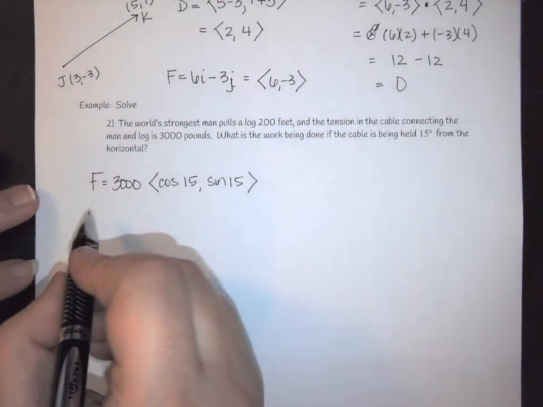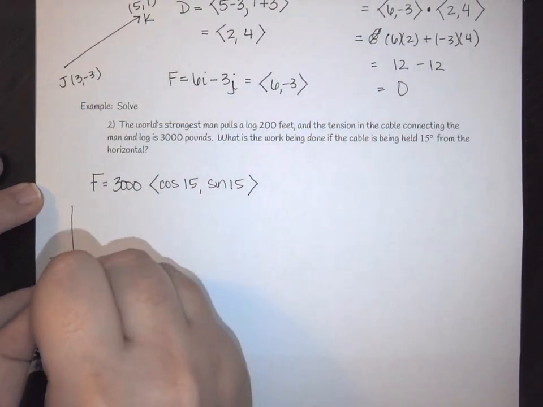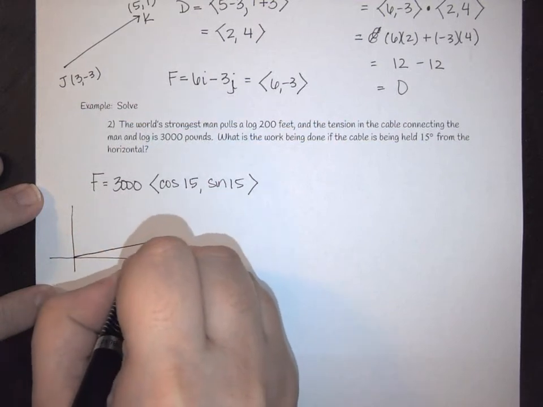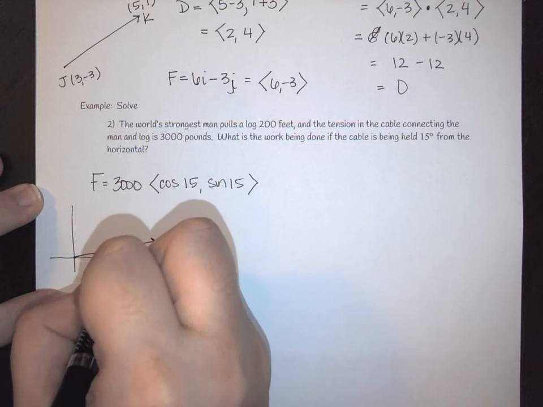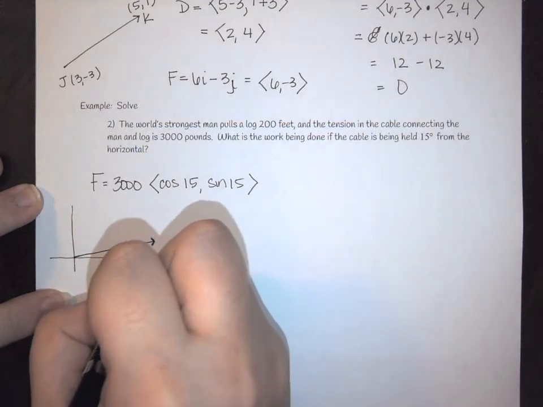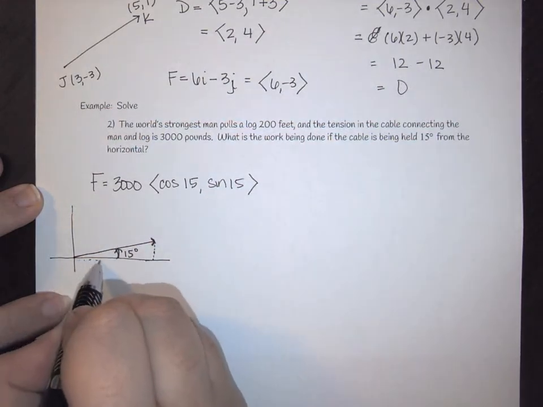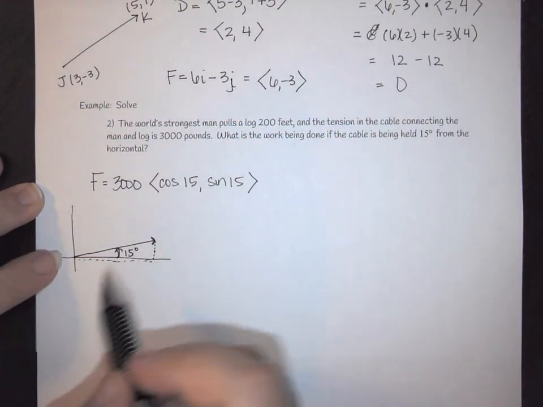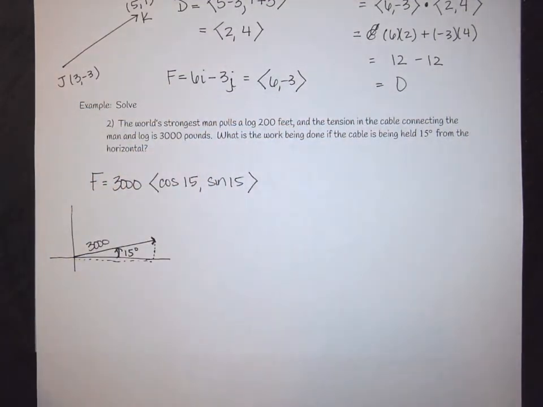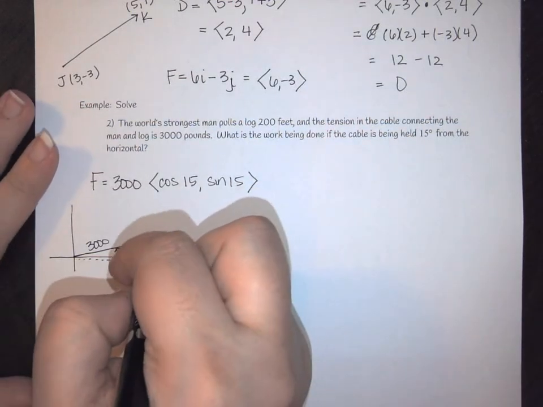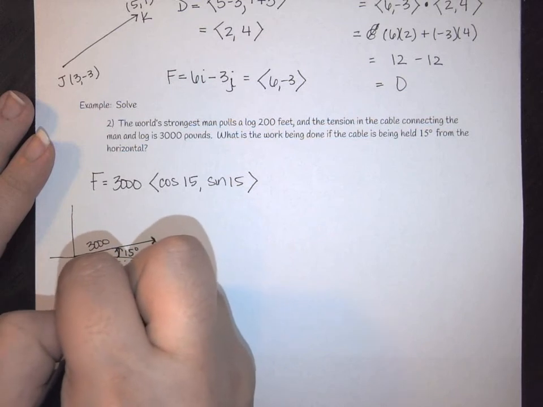Okay, so what does it actually mean? Well, if we look at our picture here, we are holding this cable up. This angle here is that 15 degrees. We would have your vertical and your horizontal. And the tension in this rope has got to be that 3,000 pounds that we are working with. And so here we would have your sine of 15, and on the bottom would be your cosine of 15.